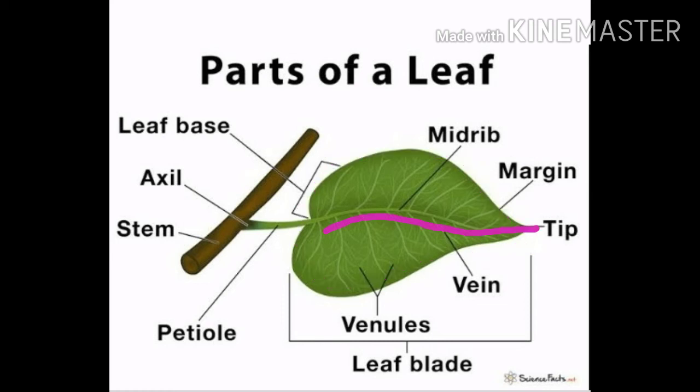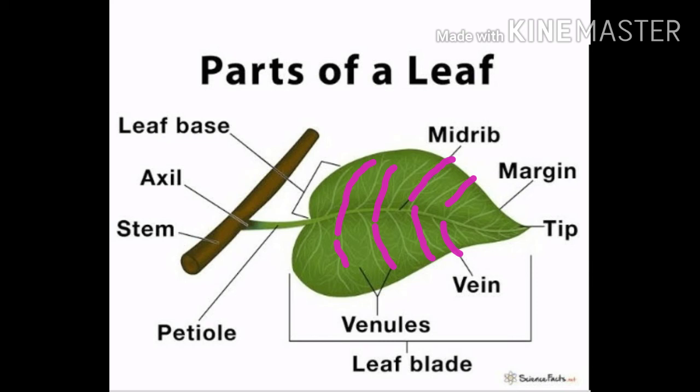The leaf blade has a thin, long line along its center called the mid-rib or main vein. The mid-rib also has many branches of smaller veins called side veins.